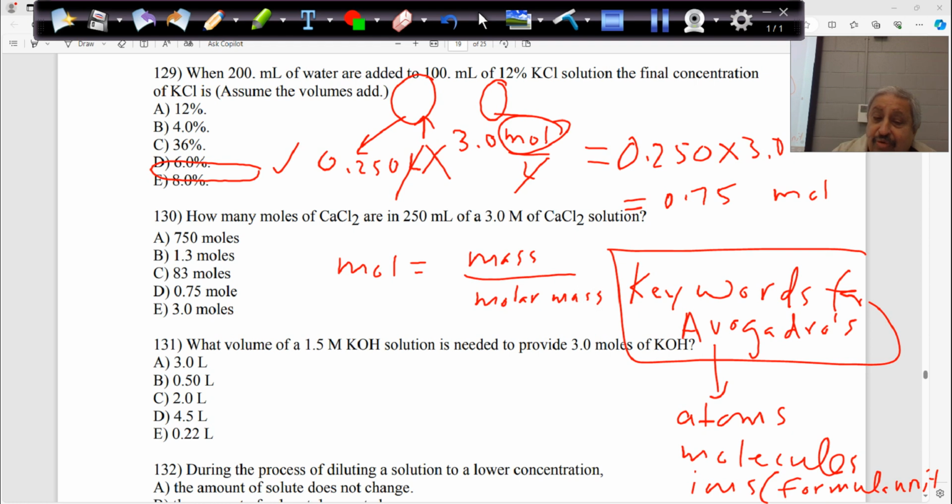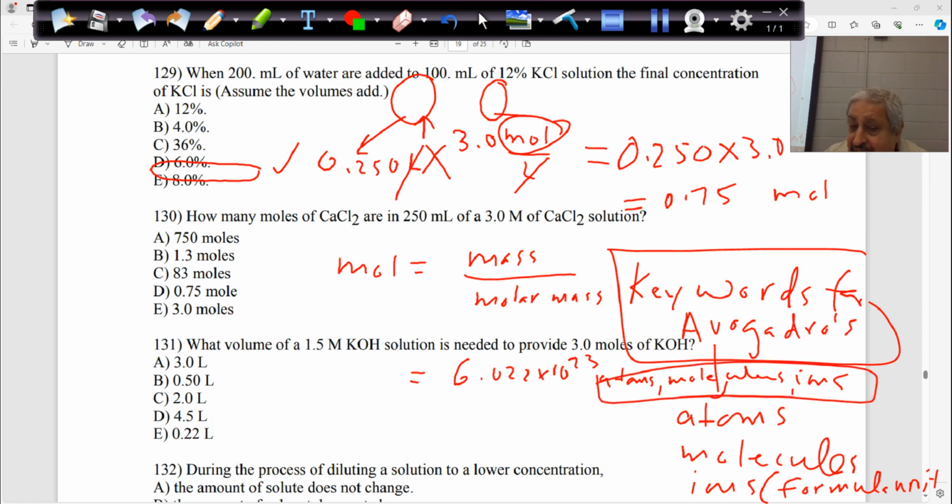And then the mole is really Avogadro's number of atoms, molecules, ions, formula units. That's the definition of a mole. But since we don't have those keywords here, I use this one here.